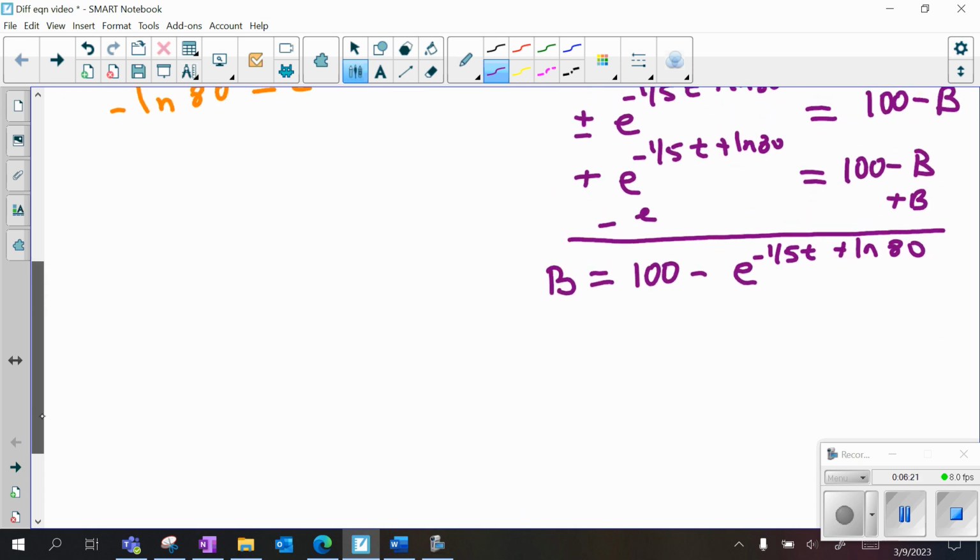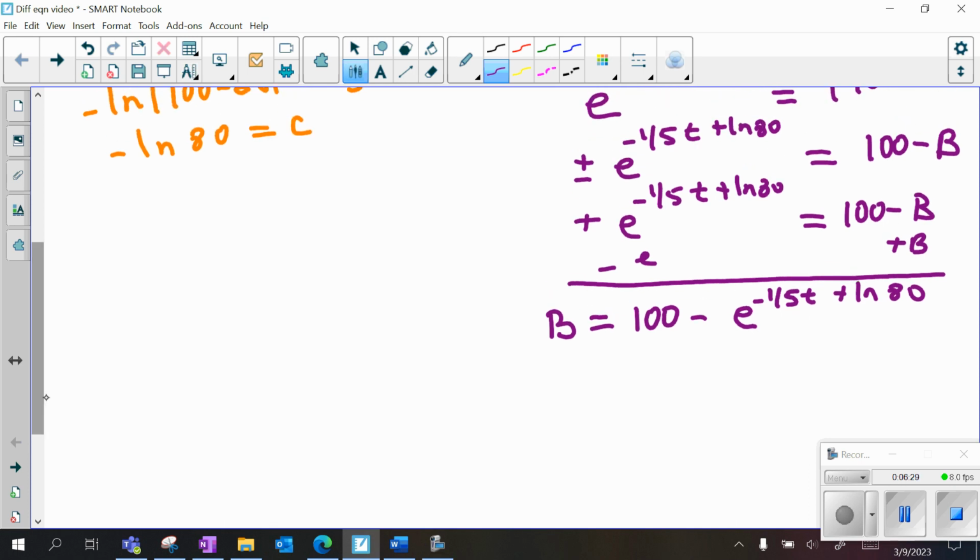Now, free response, you can leave it like that. But chances are, if this is multiple choice, it won't look like that. So let's look at this expression here with the E. Remember, this E, well, let's just write it first. B equals, we'll simplify it.